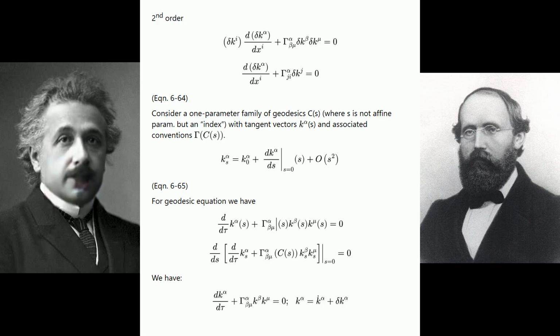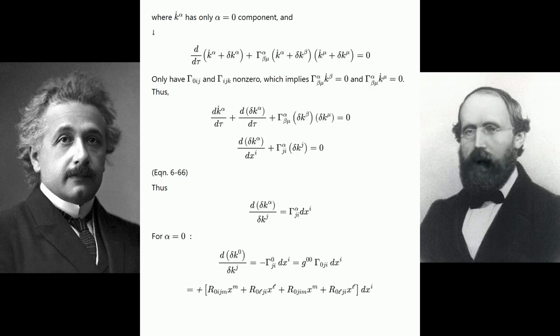and associated conventions γ(C(s)). Equation 6-65. For the geodesic equation, we have the group of equations. We have the next equation shown, where k^α has only an α equals 0 component, and see the equation. Only have Γ_0ij and Γ_ijk non-zero, which implies Γ^α_βμ k^β equals 0 and Γ^α_βμ k^μ equals 0.